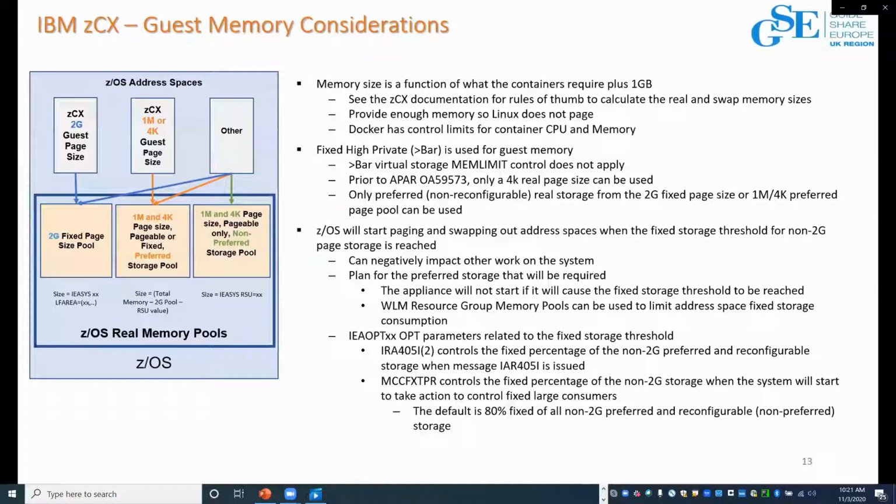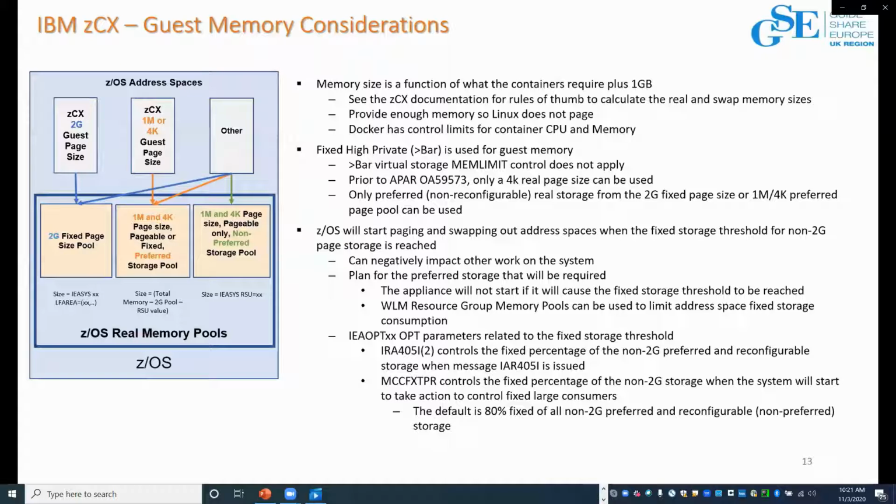There's the IRA405I control, which basically says when SRM will issue the IRA405I message to indicate that you've fixed more storage than the threshold that you defined or the system defaulted to. And then there's the MCCFXTPR, the fixed percentage value. And SRM will start to take action by swapping out address spaces when you get close to that limit.